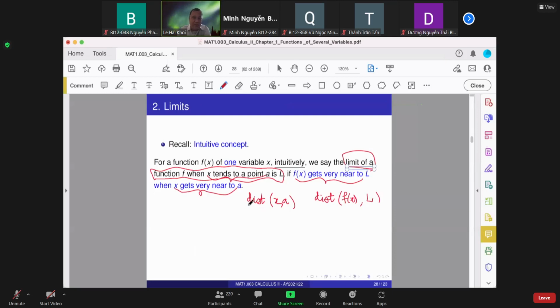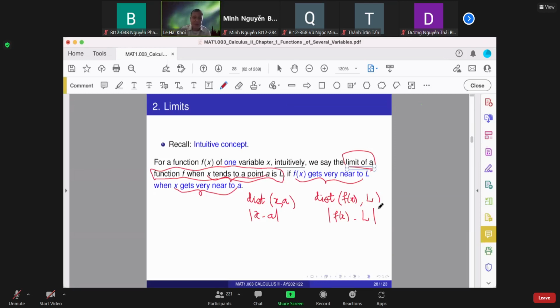Talking about distance, you have the absolute value of the difference between x and a, and here the absolute value of the difference between f(x) and L. So very near means that it is very close to 0. Then this also being very near means that it is very close to 0.